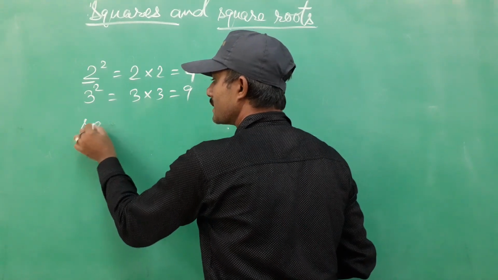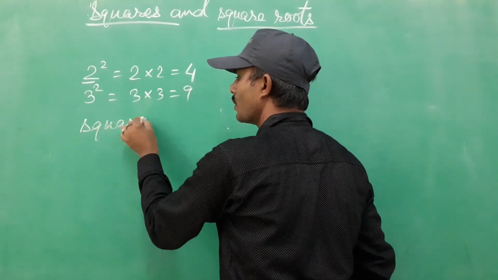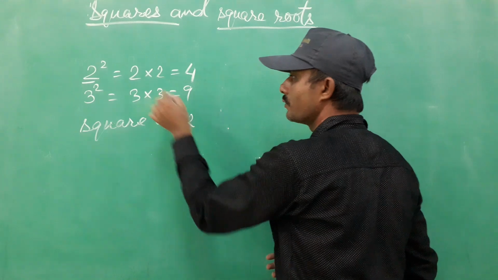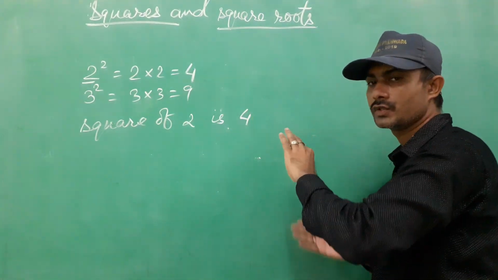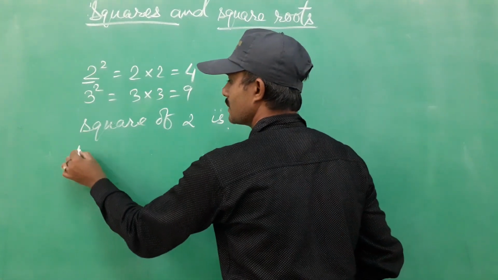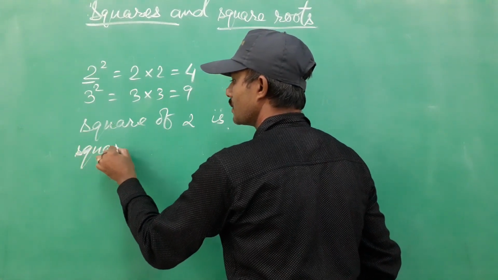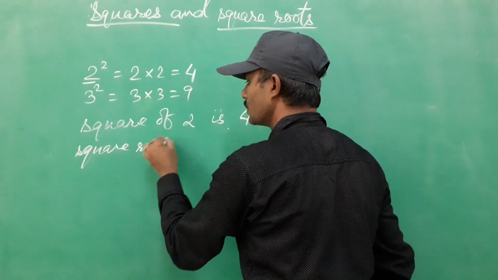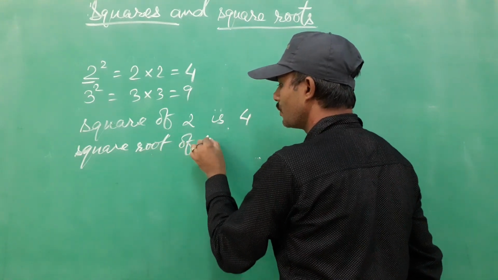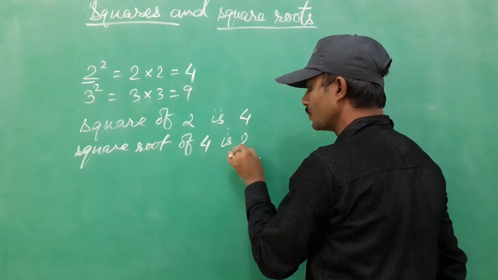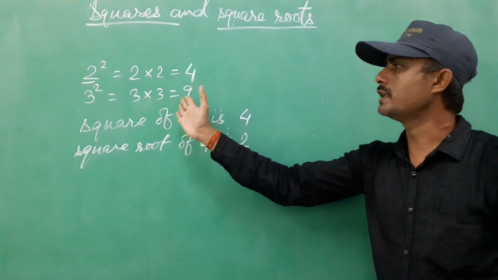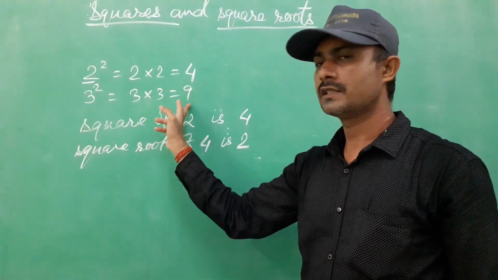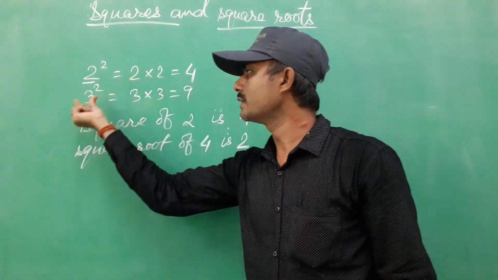So we can write square of 2 is 4, and in reverse we can write square root of 4 is 2. Similarly for 9, square of 3 is 9 and the square root of 9 is 3.